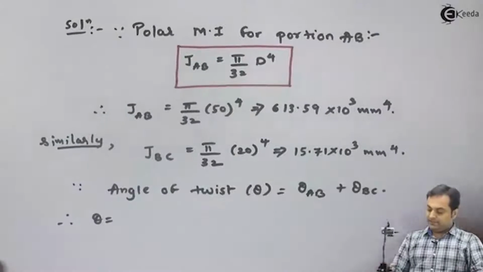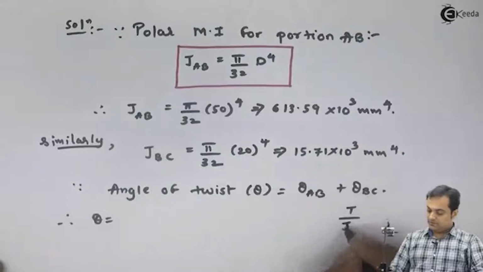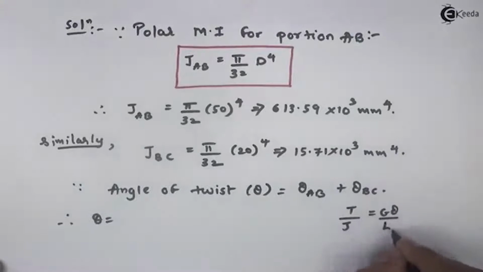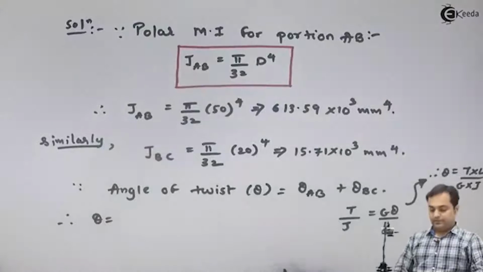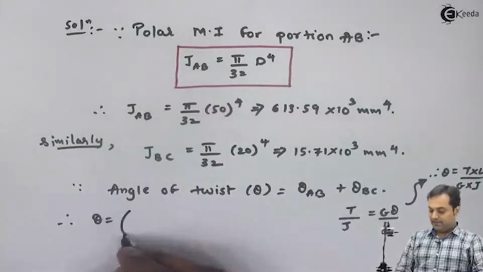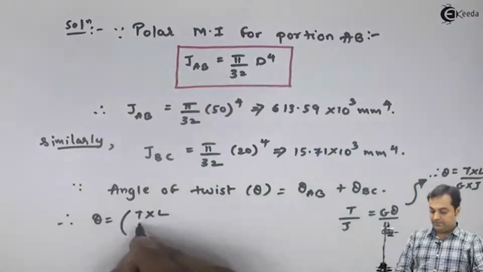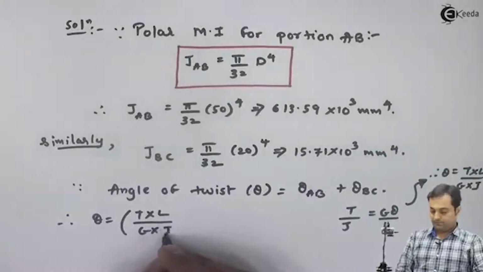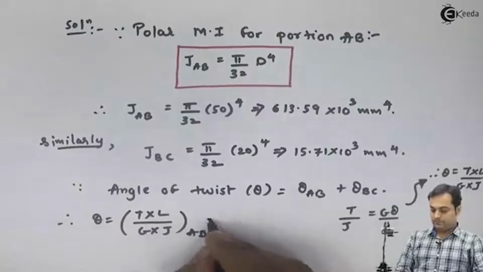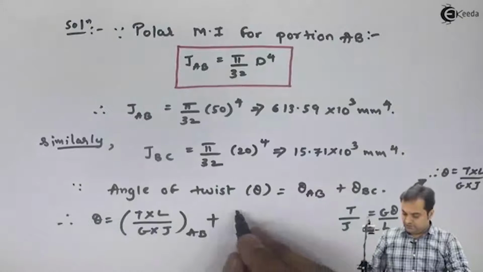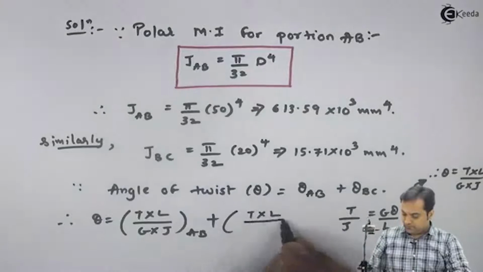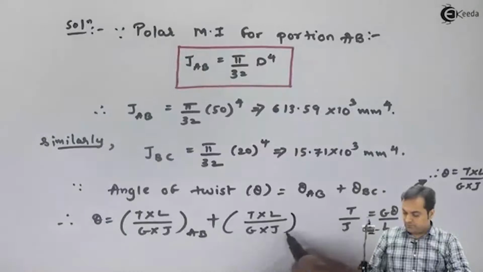We know that T by J is equal to G theta by L. So therefore, theta will be equal to T into L upon G into J. So here, for portion AB, it is T into L upon GJ. Similarly, this will be T into L upon GJ for BC portion.